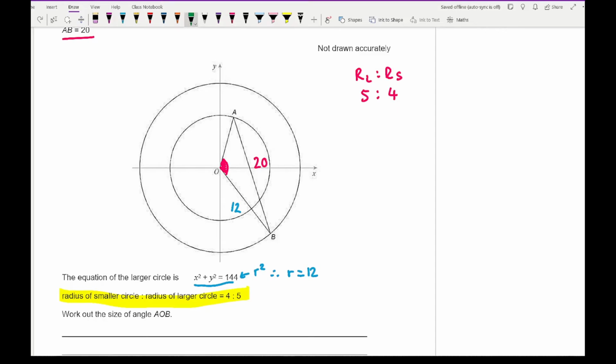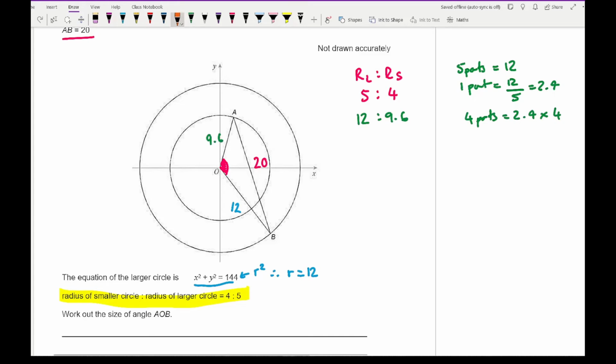From this I know that the radius of the large circle is 12, so 5 parts equals 12, so 1 part is going to be 12 divided by 5, which gives me 2.4, and so 4 parts is going to be 2.4 times 4, which gives me 9.6. So this length here is going to be 9.6.